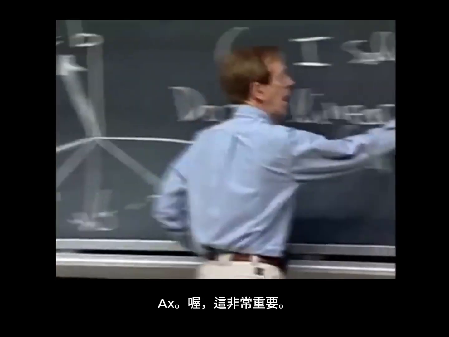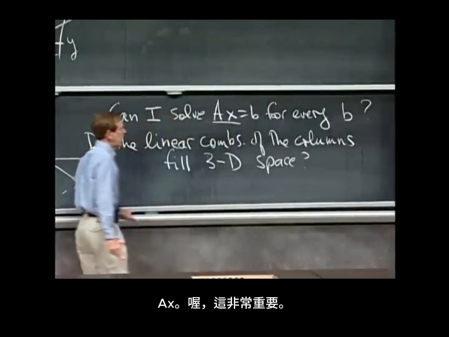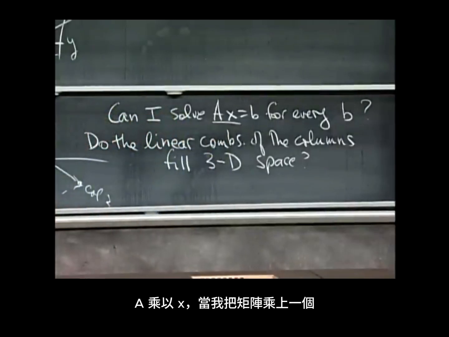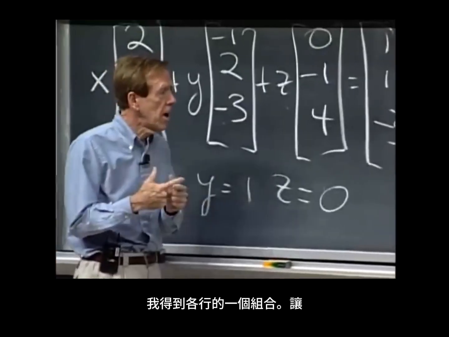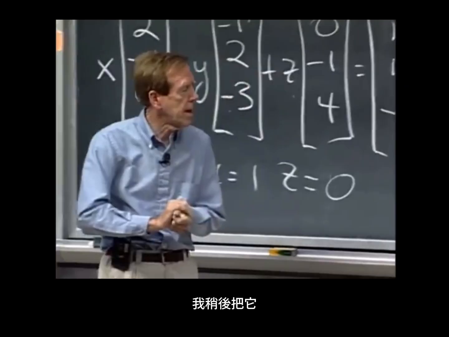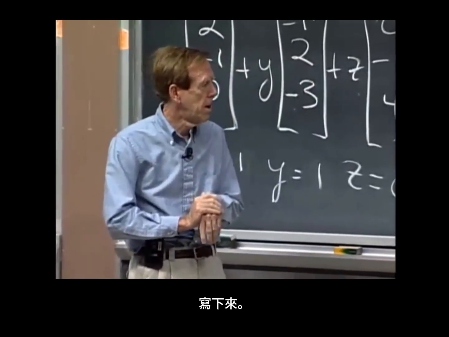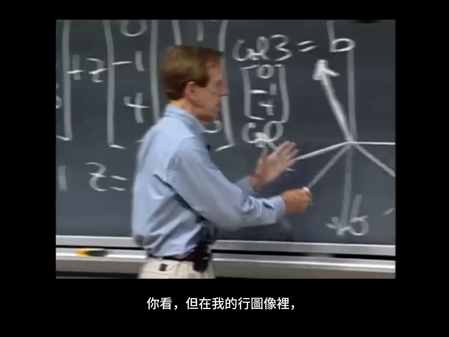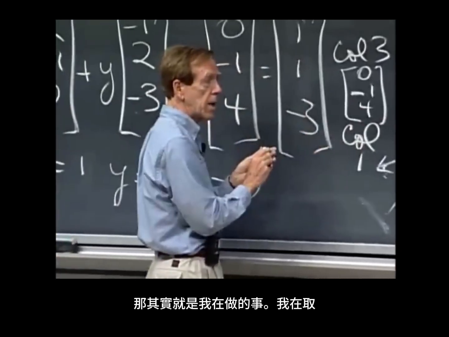Solving AX, oh, that's very important. A times X, when I multiply a matrix by a vector, I get a combination of the columns. I'll write that down in a moment. In my column picture, that's really what I'm doing.